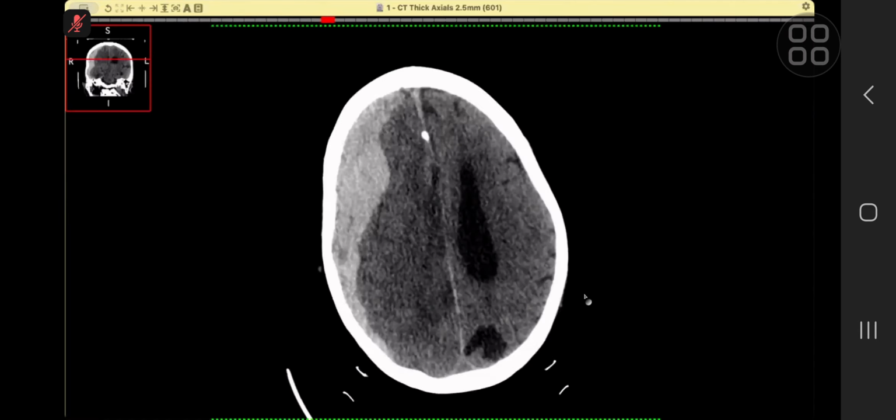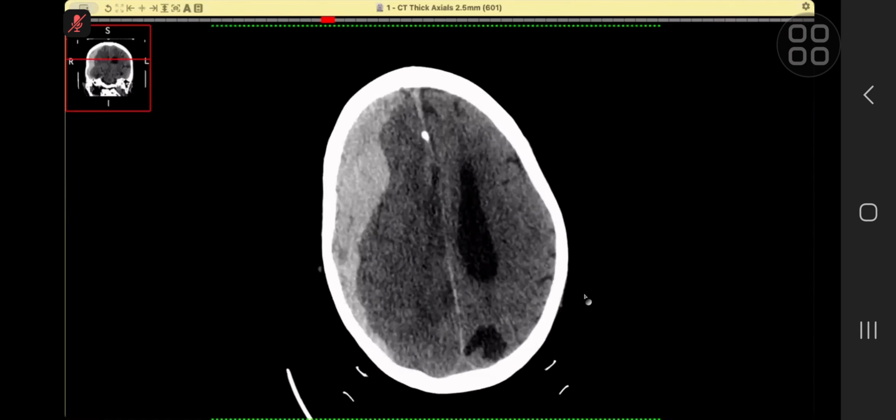This gives the appearance of a large right-sided subdural hematoma because it can cross the suture line.